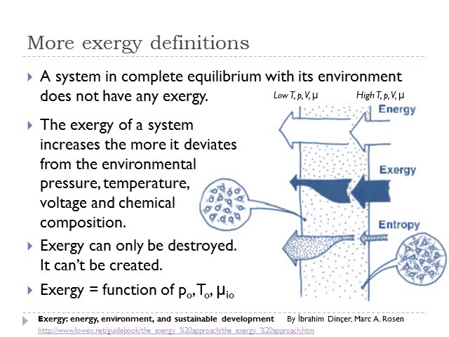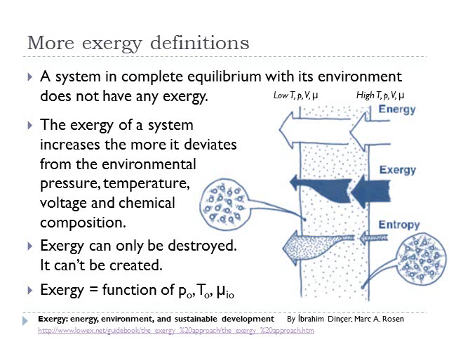If you're in complete equilibrium, you have no exergy. The exergy of a system increases the more it deviates from the environmental pressure, temperature, voltage, and chemical composition. So when you're close to the equilibrium state of the environment, there's no exergy; as you get higher pressures, temperatures, voltages, or chemical composition differences, your exergy is going to start increasing.